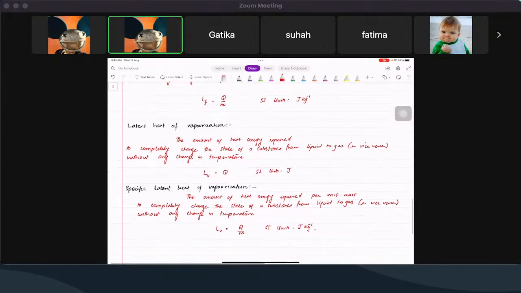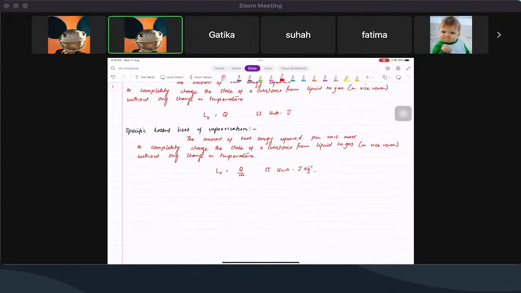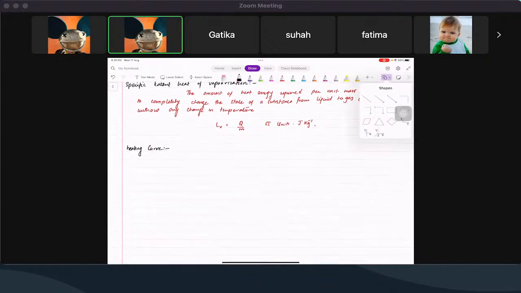So when you're dealing with these, you need to understand that there is something called heating curve. Heating curve means that suppose we have a curve like this. Here you have temperature, suppose in kelvins, and you have energy in joules.